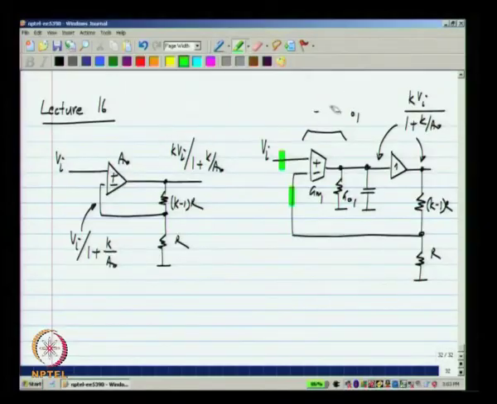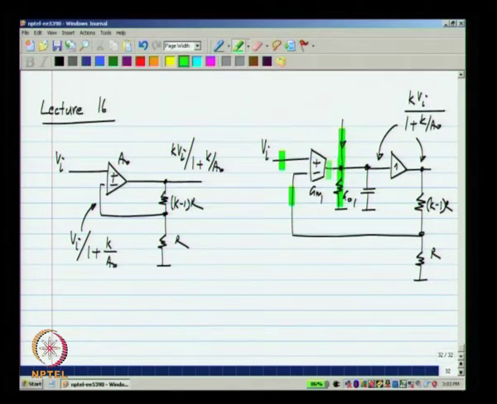So to fix this, what we must do is to provide the current that flows through Go1 from a different path, so that the transconductor itself does not have to provide an output current.